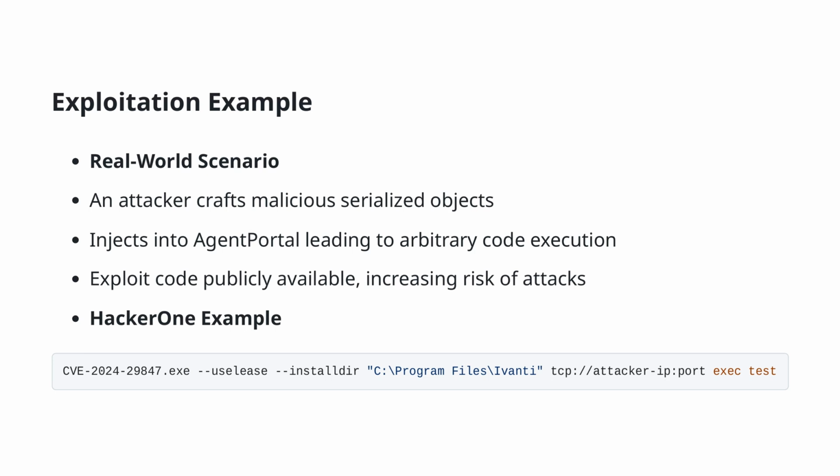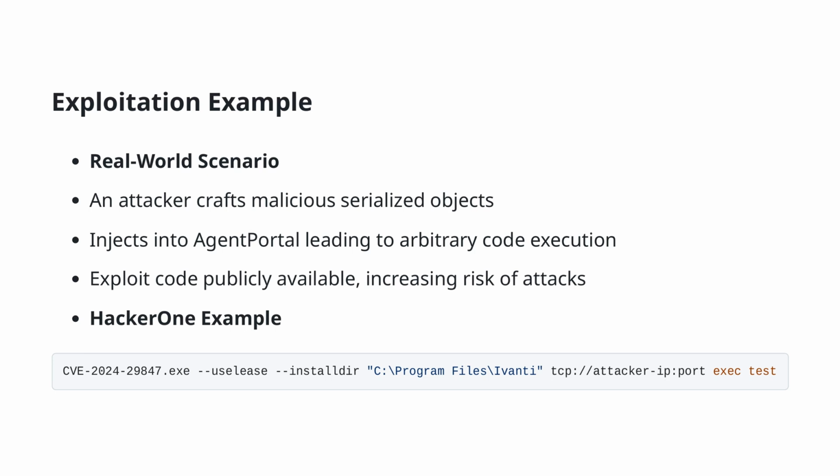An example from HackerOne is shown, where a specific command, CVE-2024-29847.exe, is used to execute this exploit by connecting to a remote attacker's system. This example underscores the importance of understanding how these attacks are constructed and executed, which is vital for protecting systems against such vulnerabilities.